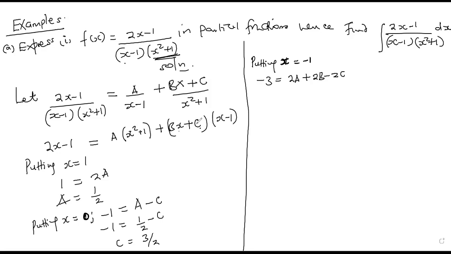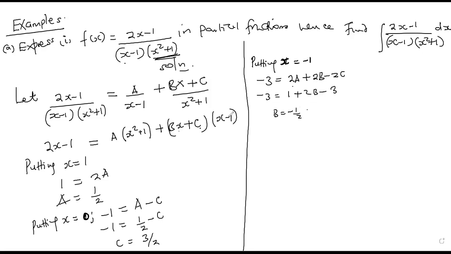Just take time, substitute -1, but we already have A, C, so we can get B. So I wanted to substitute -3 is equal to 2A, it will be 2 times a half, which will be 1 plus 2B minus 2C, which will be minus 3. So you're going to get your B as -1/2.